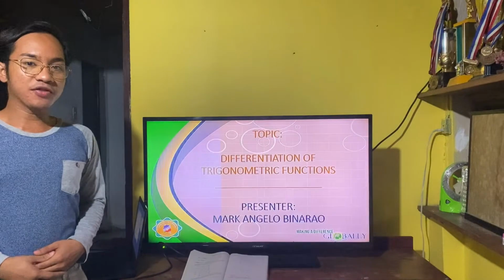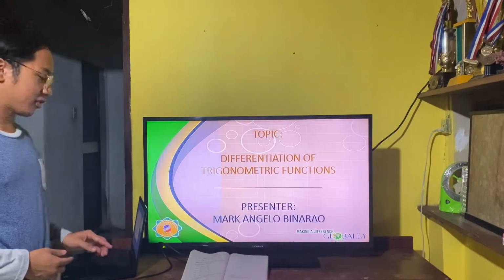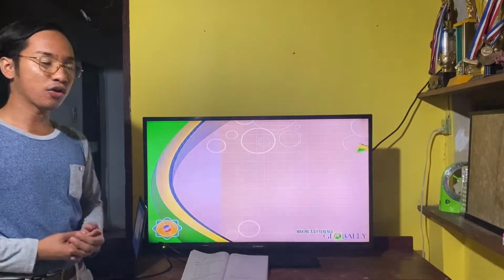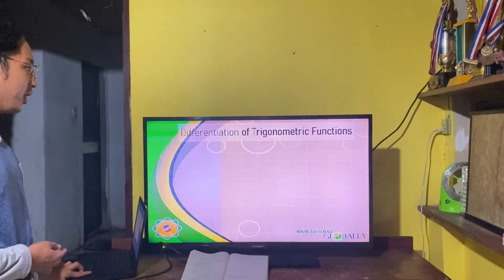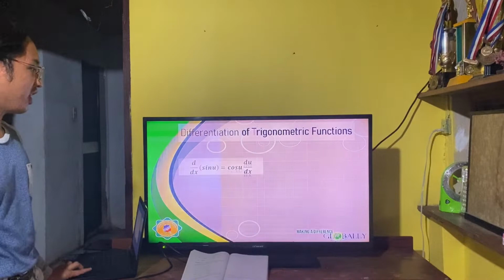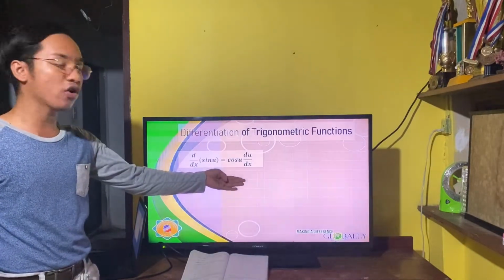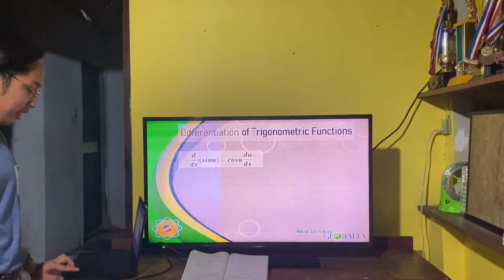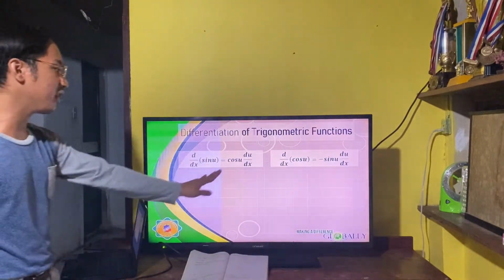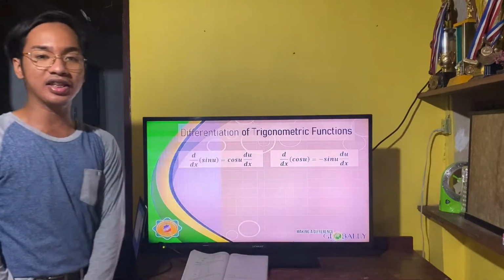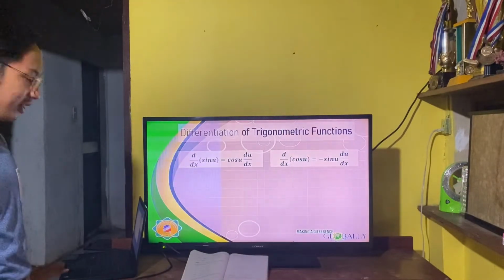Since there are different formulas in trigonometric functions, first I will present to you the different formulas. Let's start with the first formula, which is the derivative of sine u with respect to x is cosine u du/dx. And the derivative of cosine u with respect to x is equal to negative sine u du/dx.